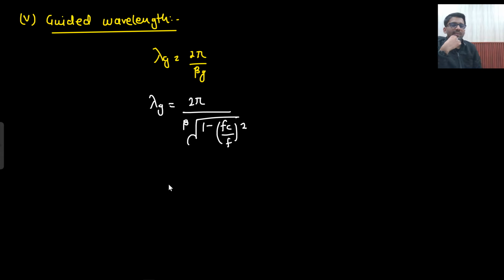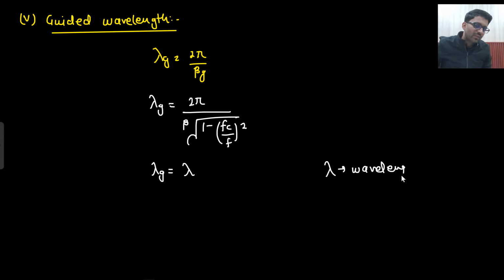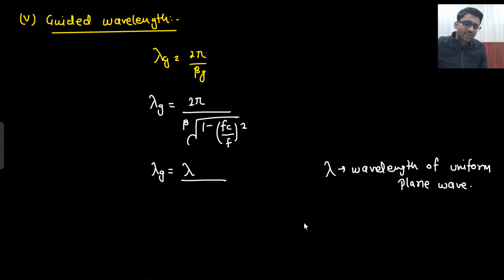And 2 pi by beta is the lambda, the wavelength of the uniform plane wave. So lambda g is equal to lambda divided by under root 1 minus fc by f whole square. This is your lambda g.